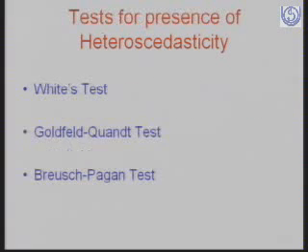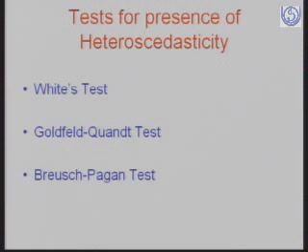So in order to test the presence of heteroscedasticity, we have many test procedures, in fact three particularly that we have discussed in the block. One is White's test, the method suggested by White. Then there is the Goldfeld-Quandt test, the second method that we have discussed.